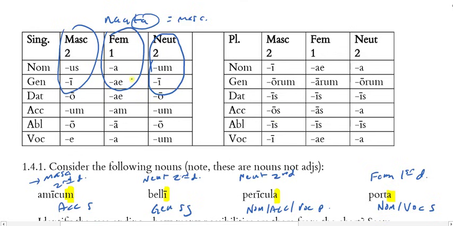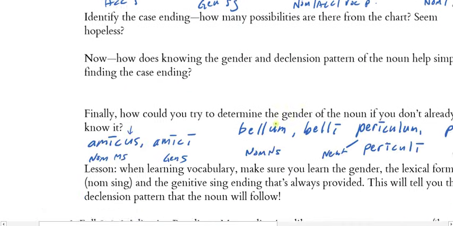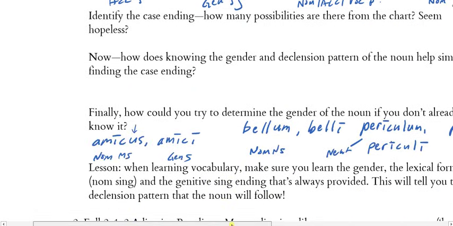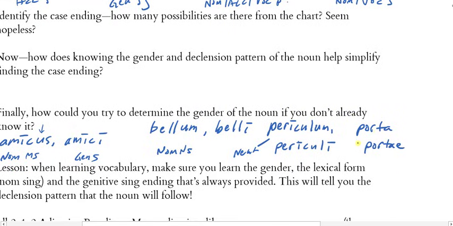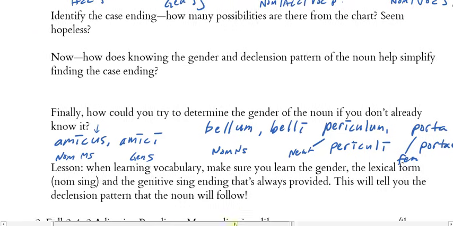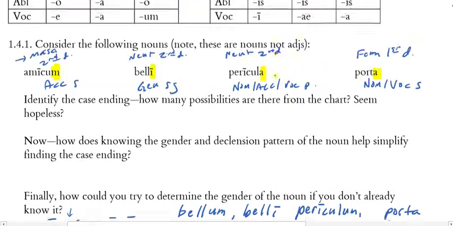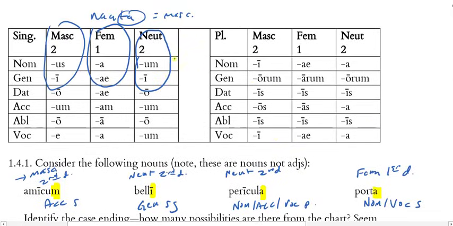So if I know then that that is a feminine noun here, then I know that the a's I see cannot be the neuter case ending a. So anytime I see an a for a noun that I've learned the lexical form and know it's feminine, then any a's are going to be in the feminine column.